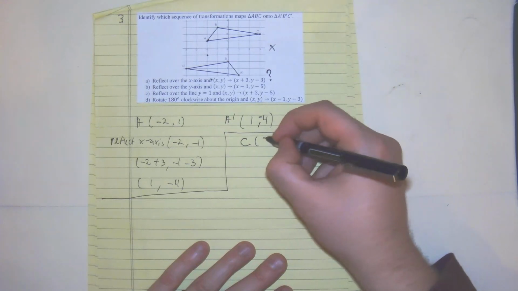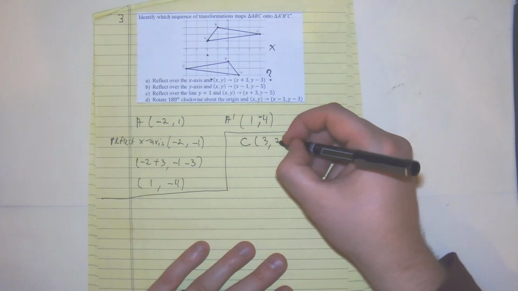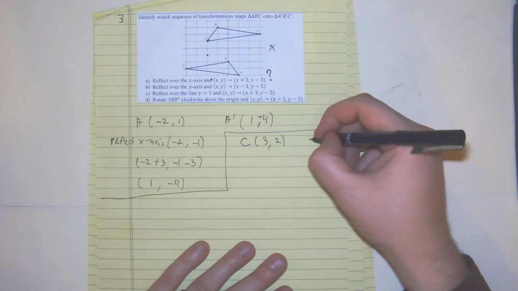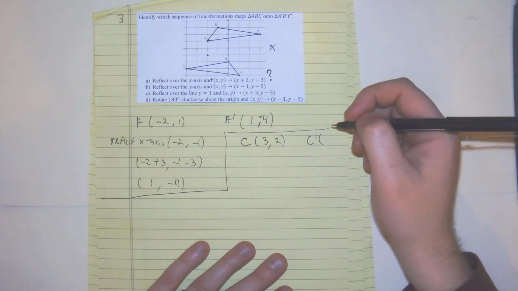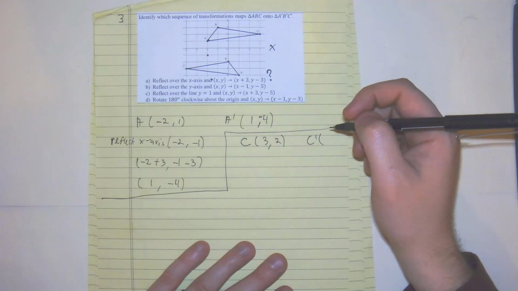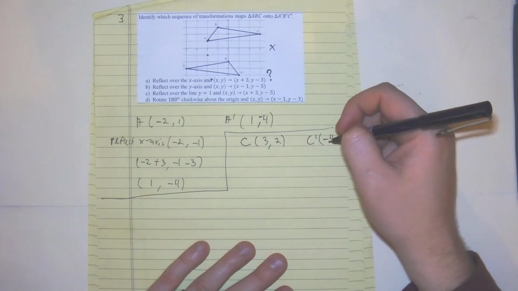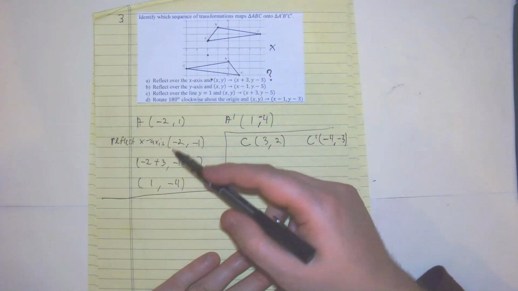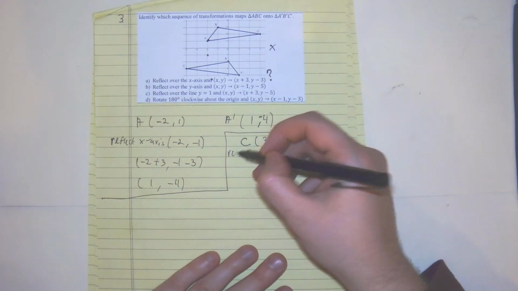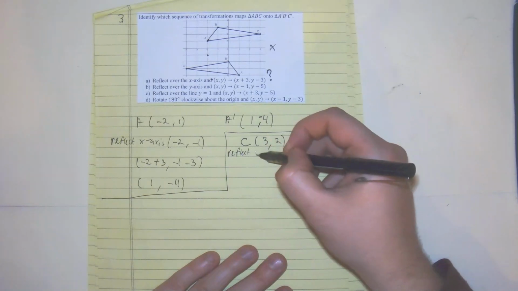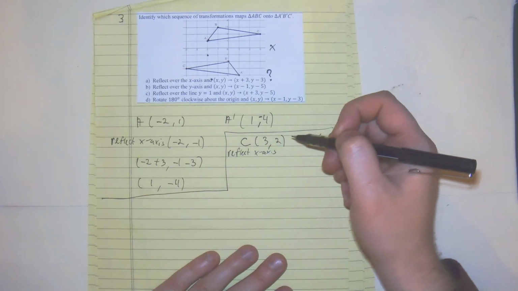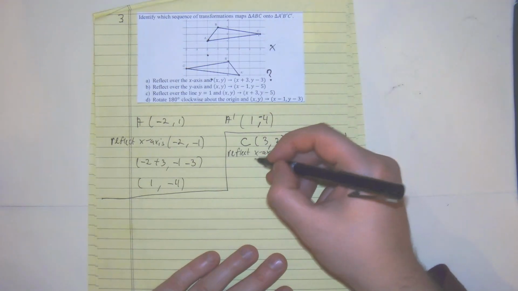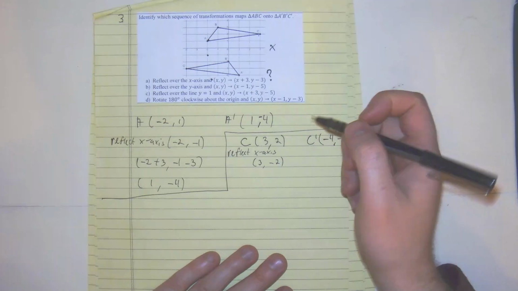C is at (3, 2), then our C prime is at (-4, -3). The first thing they want us to do is reflect over the x-axis. That's going to change our y value to -2, so we get (3, -2).